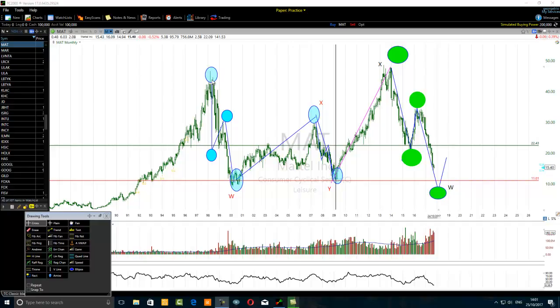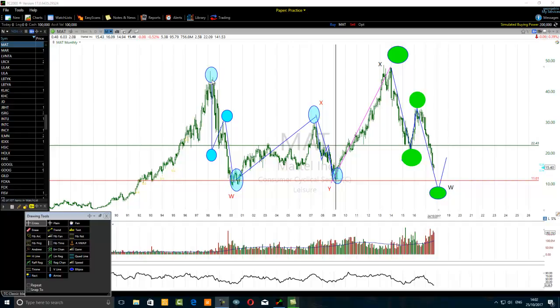Alright. Because it's a corrective wave, we can have the WXY in a second wave, in a fourth wave, and during the corrective phase of an Elliott wave cycle. Those are the three times when we usually see the WXY wave pattern.